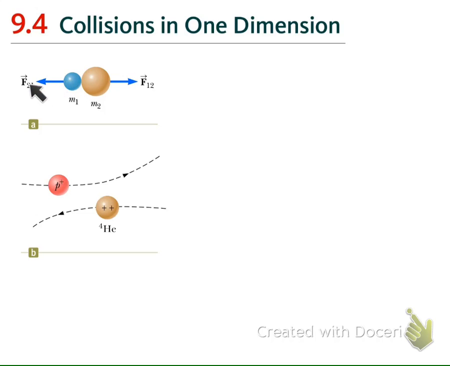Mass M1 may move to the right and mass M2 to the left, but after the collision, the contact force may change the course of the motion. M1 may move back to the left and M2 back to the right. There is more than one situation, but the point is that this contact force changes the course of the motion, and we call this a collision. In this case, there is a physical contact between M1 and M2.